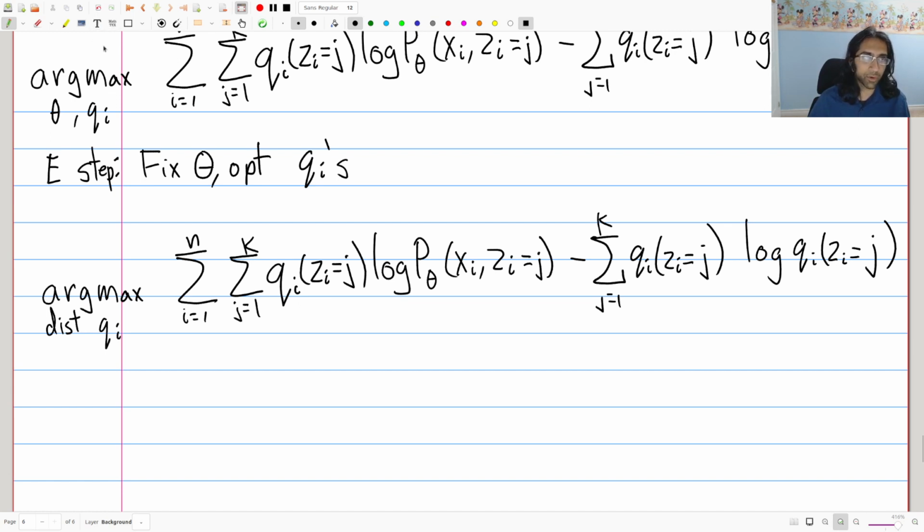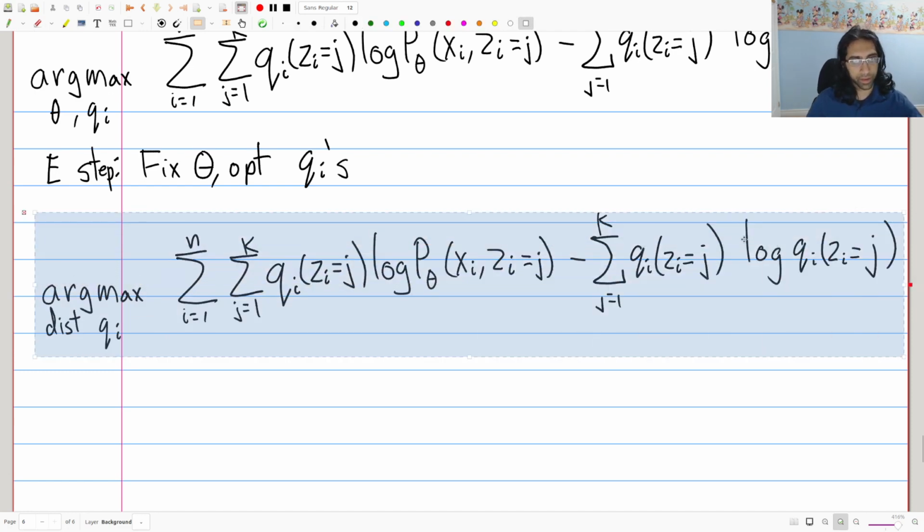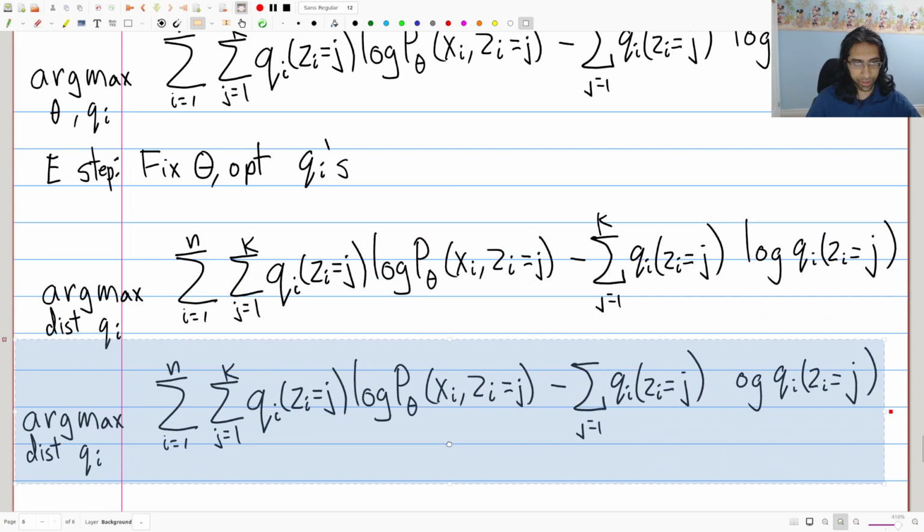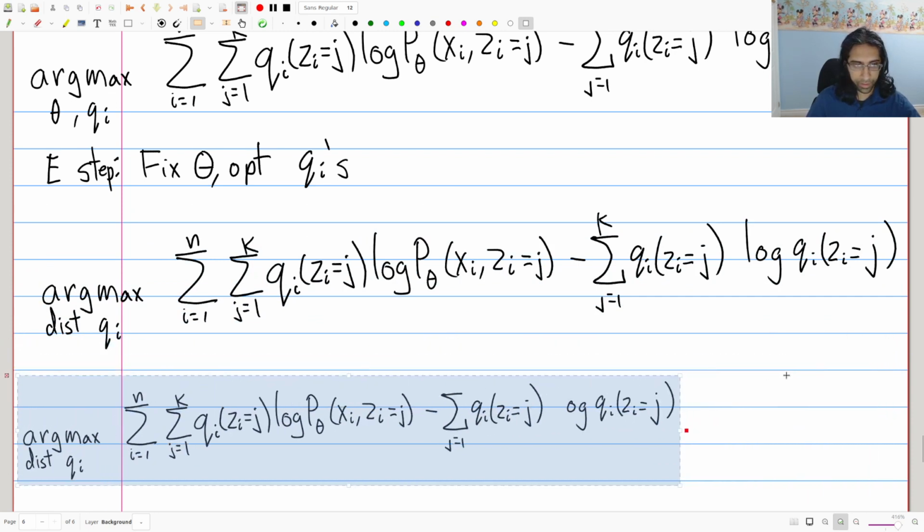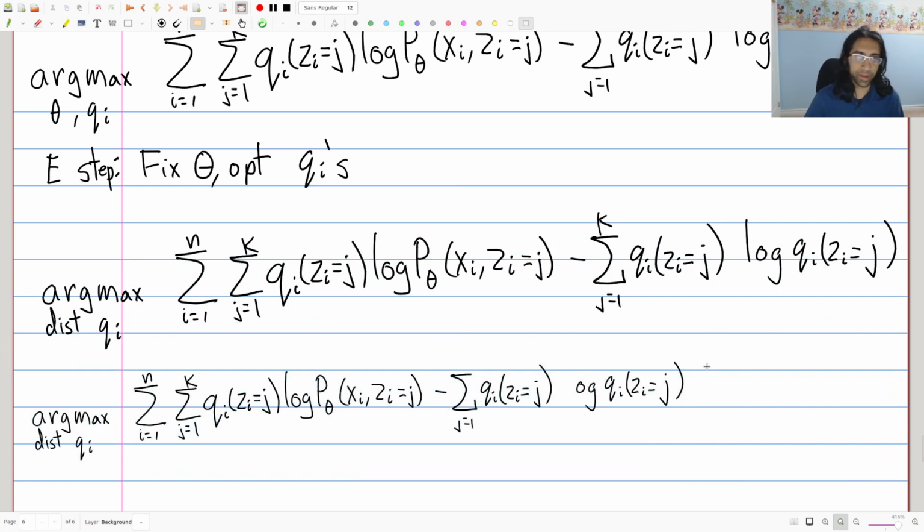Well, the main thing we're going to do, there are two steps here. The first step is just to break this summation up, or shrink this a little bit. What we can do is write this term as essentially a conditional term. This is just the joint density of both of them, the probability that we see xi and that zi is equal to j.